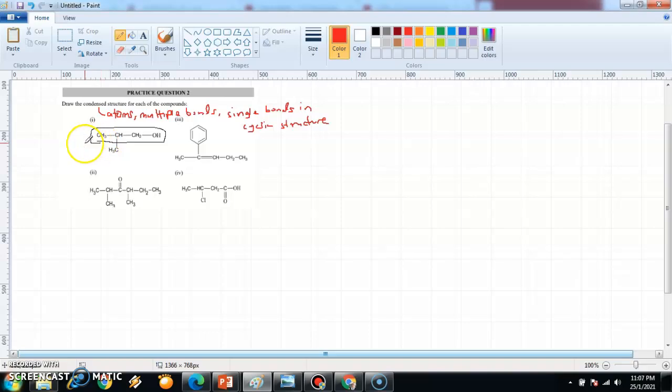Alright, for the first question, as I said, we focus first on the longest chain. The first carbon is bonded to 3 hydrogens. Between the first carbon and the second carbon there is a single bond. We ignore the single bond and straight away draw the atoms, so CH3. The second carbon is bonded to CH3, which is a group of atoms.